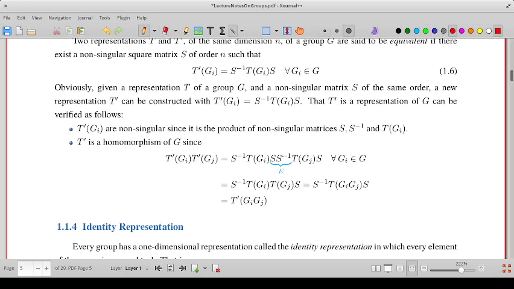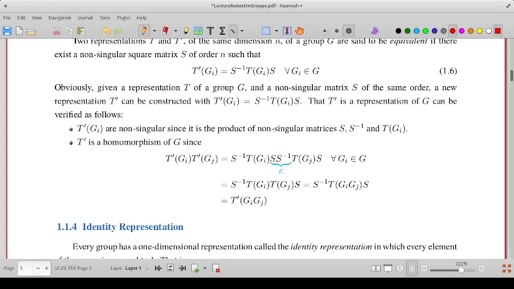And T dash (Gj) is again S inverse T(Gj) S. Now these are all matrices, and the matrix multiplication is associative, and therefore we can take this product first, S times S inverse.